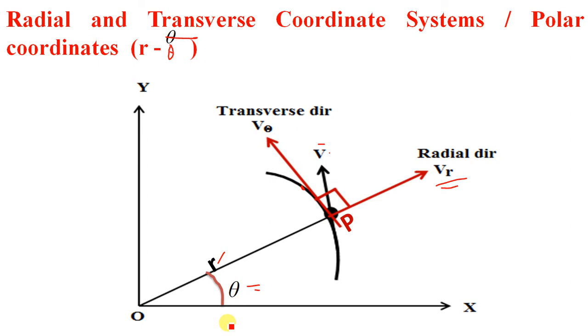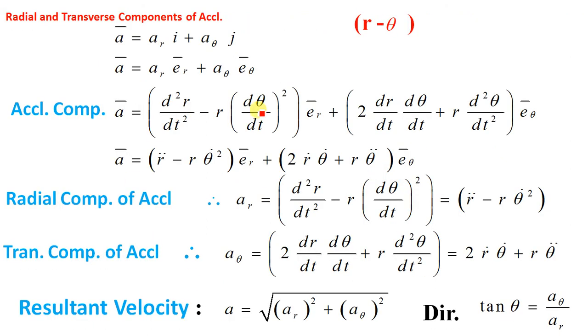Similarly, we have to find the acceleration, radial and transverse components of acceleration, that is the r theta system. Now A is equal to Ar i plus A theta j. What is Ar, that you have to first find out. Ar is nothing but r double dot minus r theta dot square.